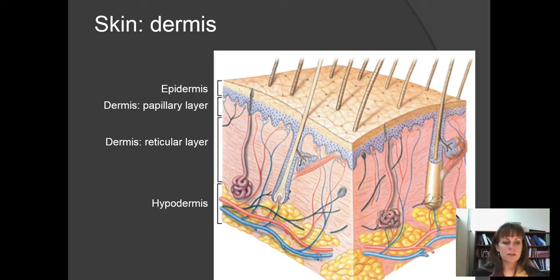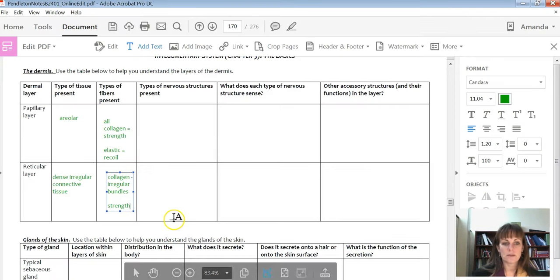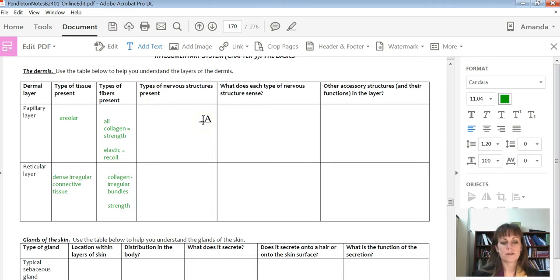Okay, so let's go through and fill out some other things in our notes so that we make sure that we have all of the accessory structures down. In the papillary layer, we're going to have free nerve endings, and these are going to sense pain. We're also going to have Meissner's corpuscle.